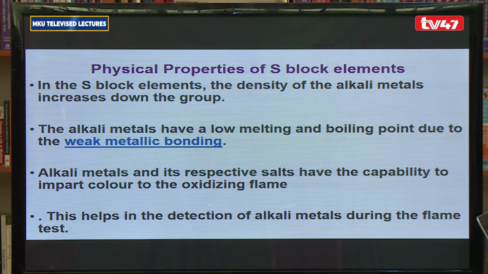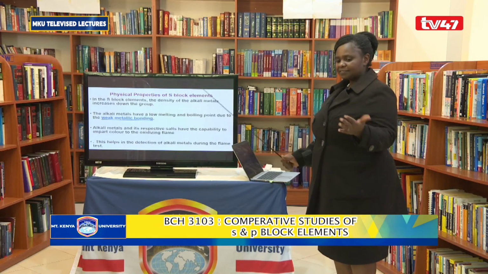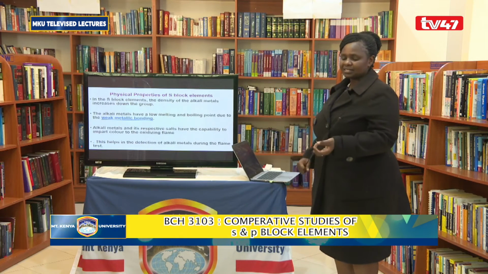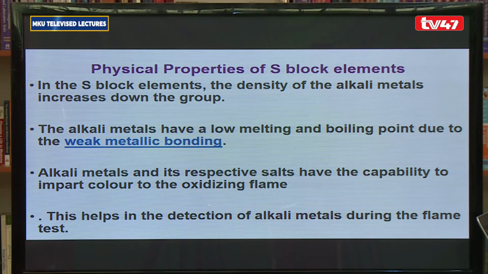The same is true with the alkaline earth metals. The alkaline earth metals also impart a characteristic color to the flame for the same reasons: the flame energy is enough to excite the valence electrons to higher energy levels, and when the electrons come back, they release energy in the form of electromagnetic radiation.